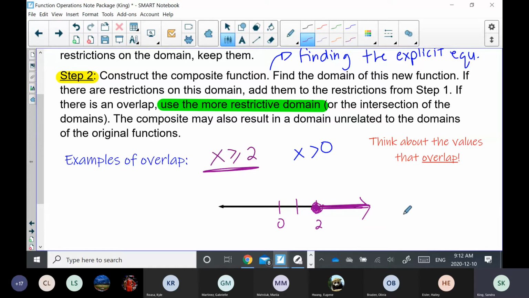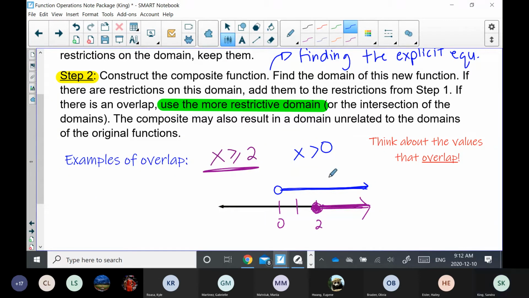So this is what my domain would look like if we had a domain of x is greater than or equal to 2. This other domain, x is greater than 0, I'm going to write above this number line, but x cannot be 0. So at 0, I would put an open circle. But then it's saying x could be any number greater than 0. It can't be 0, but it could be any number greater than 0. So that would be this here.